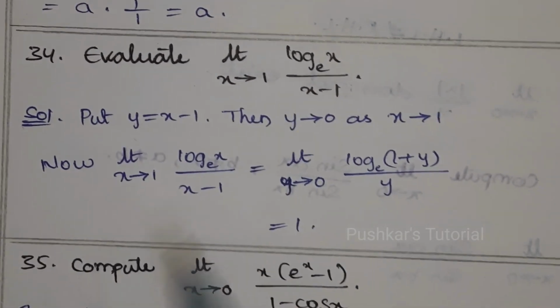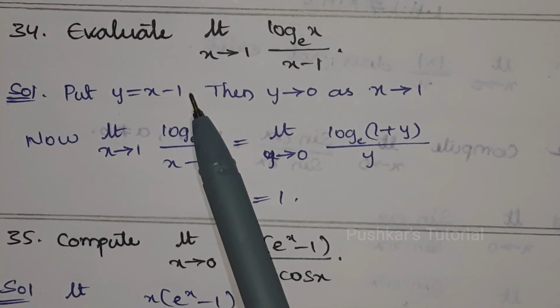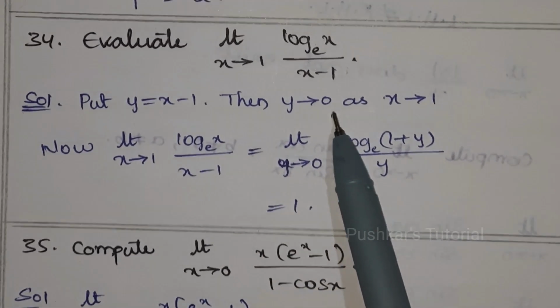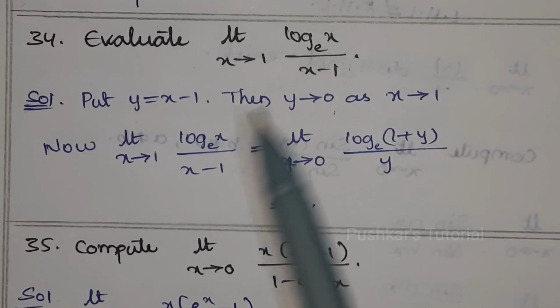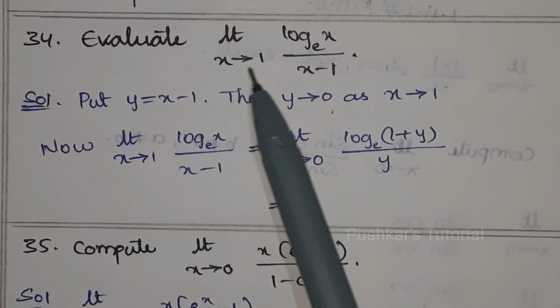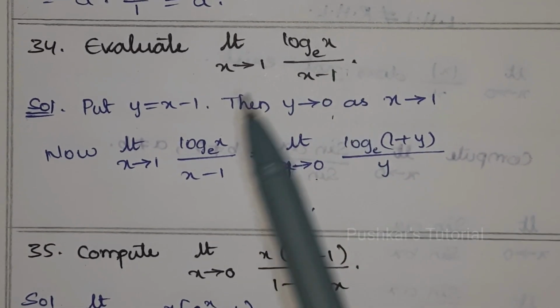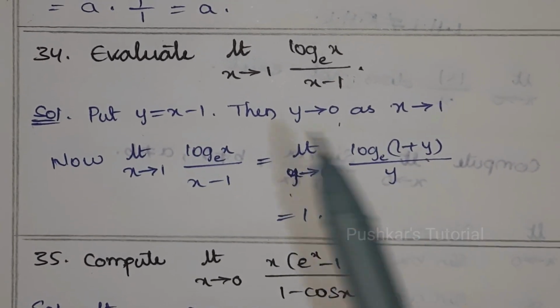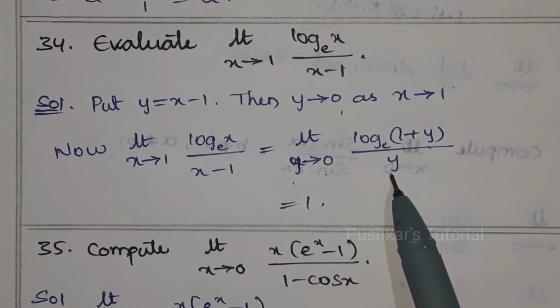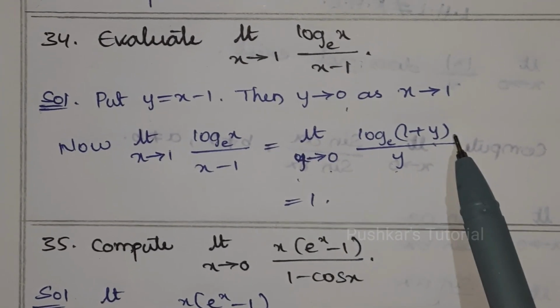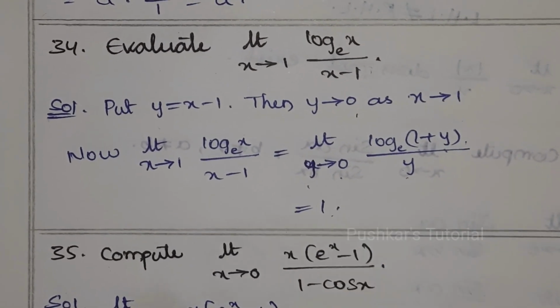As x tends to 1, y tends to what? 1 minus 1, 0. So everything changes to the y variable. x tends to 1 means y tends to 0. Log x in the place of what? 1 plus y. And the denominator totally I have taken y. So now it is looking exactly like the formula. Answer is 1.